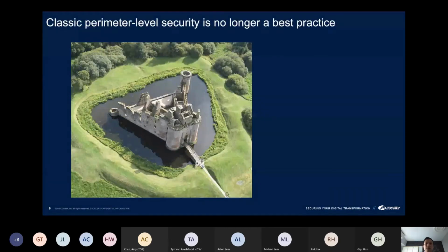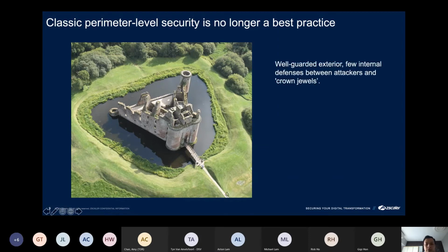So I think the root cause is that we are actually relying on the castle, the traditional perimeter-level security, to protect our users and resources. So this model has several, I would say, deficiencies.